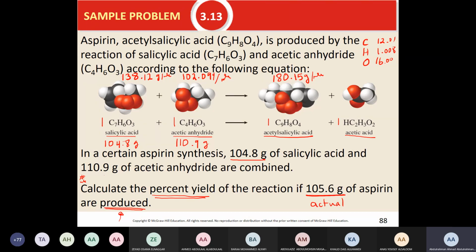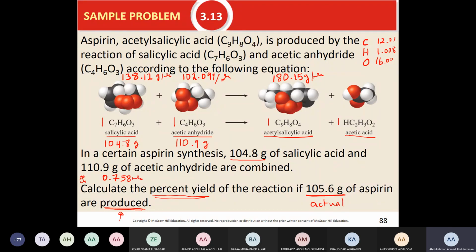What's the answer? 0.758 mole. I'll take this.